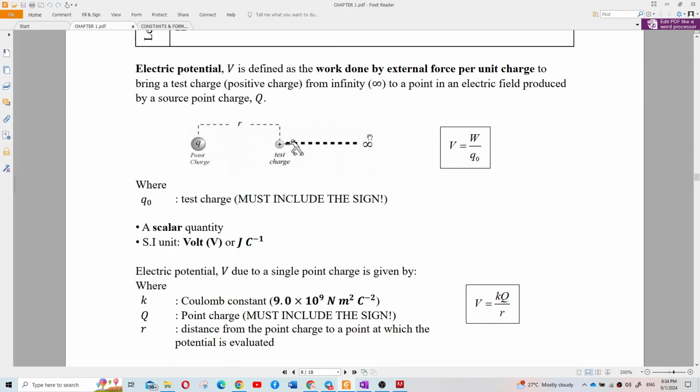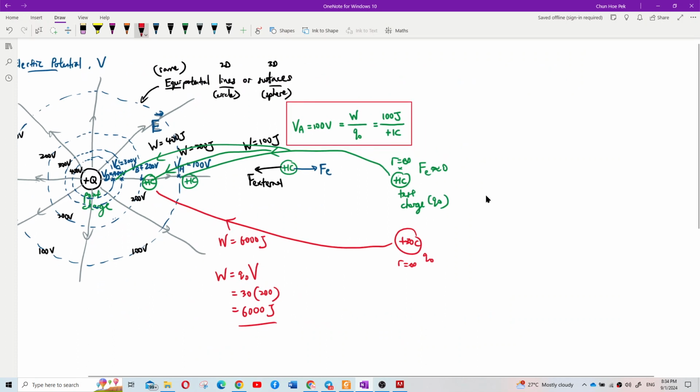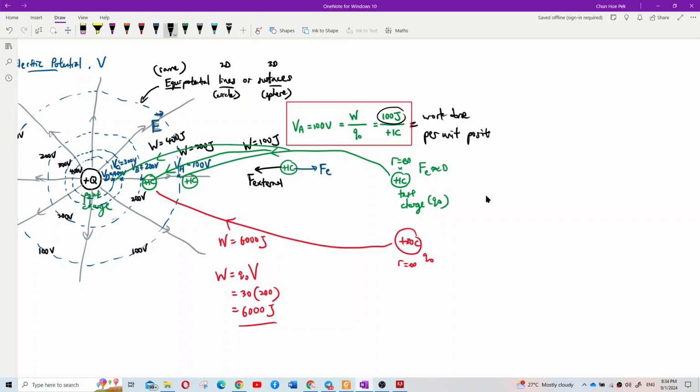Now you understand, potential is work done per unit charge. Per unit charge means, let me write like this. So this is what it means. Potential is the amount of work done per unit positive test charge.